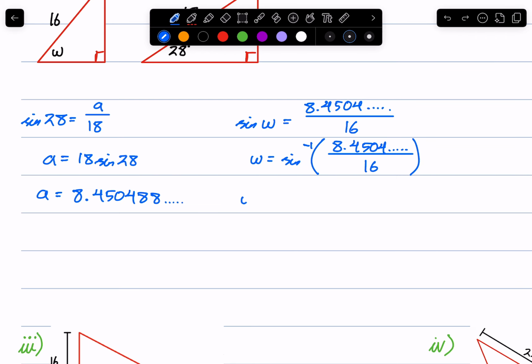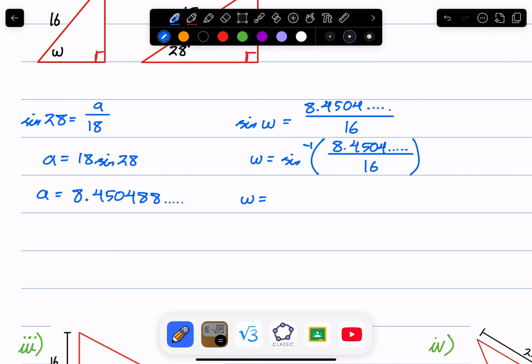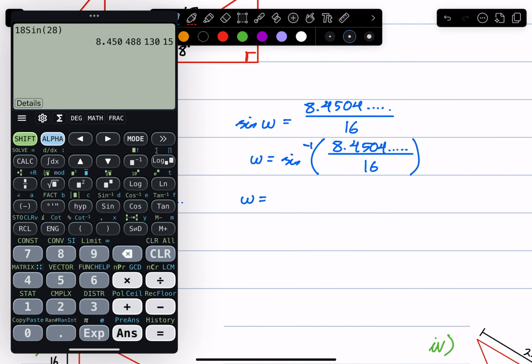So W equals, let's take a look at what we get. So thankfully we can actually do this. We can go the answer, which is the previous one. So shift sine, so inverse sine of our previous answer over 16.